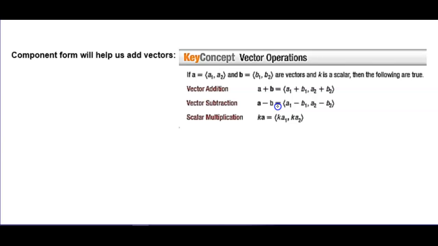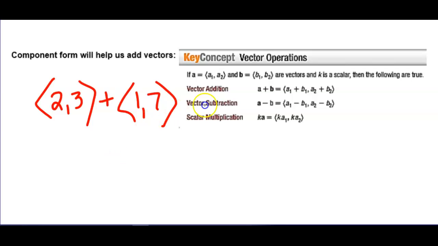Oh, easy peasy stuff here. When you know the components, so you have already put a vector in component form and another vector in component form, all you have to do to add them is literally add the x's and the y's. How easy is that? To subtract them, you would subtract x minus x's and y's.